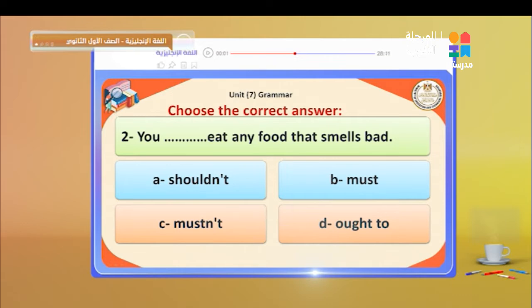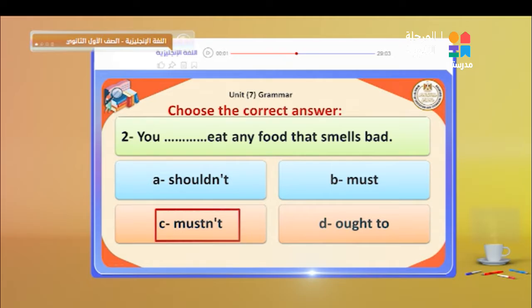We have shouldn't, mustn't, this is negative, and we have must and ought to, this is affirmative. Of course, a food which smells very bad, so we want a negative. Now, which one is better, shouldn't or mustn't? We said that when it is a strong advice, we use mustn't. And here it's a strong advice because when the food smells bad, it will be dangerous.